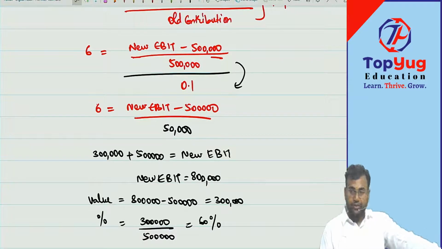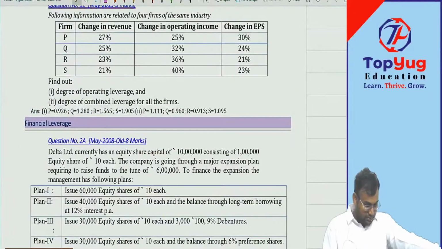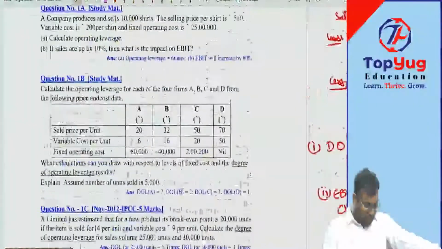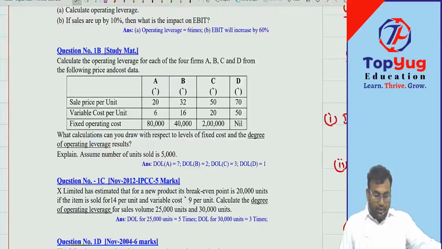Can we continue to the next problem? Sure. Question number 1b, again it is a study material problem. Calculate the operating leverage for each of the four firms A, B, C, D from the following price and cost data.